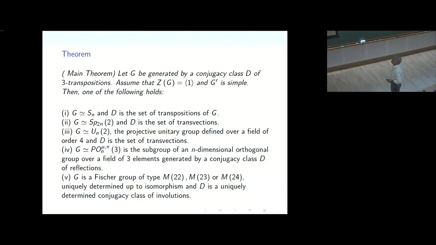Suppose G is a group generated by a conjugacy class T of 3-transpositions, then he gets this list. You see that many of the groups here are just classical groups: S_n, of course, symplectic, unitary, and orthogonal groups. It also leads to 3 new simple groups, which were discovered only by this analysis.